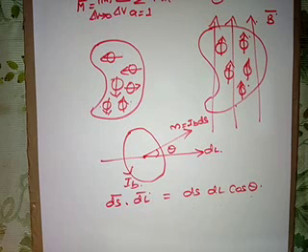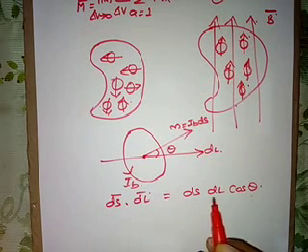So now what will be the total magnitude of the bound current IB? For unit current we have ds bar dot dl bar.